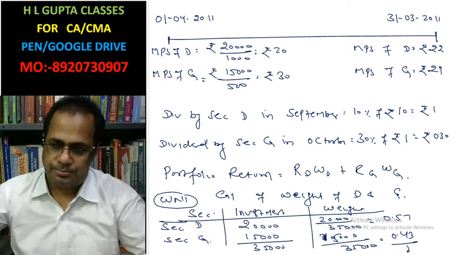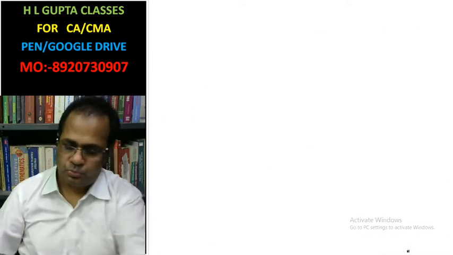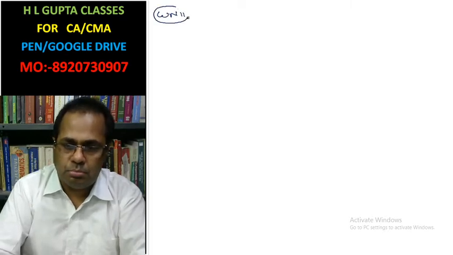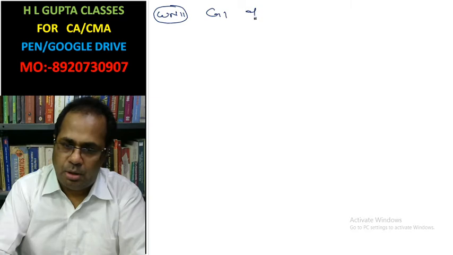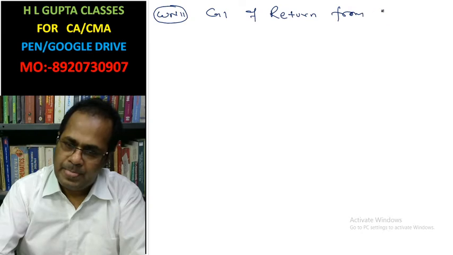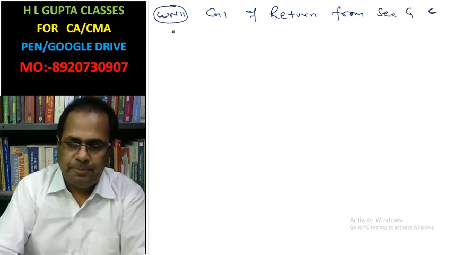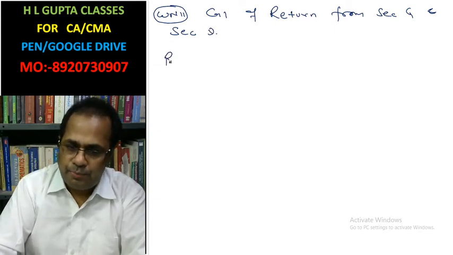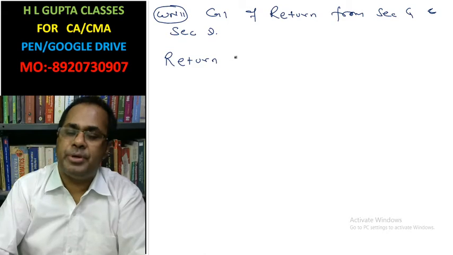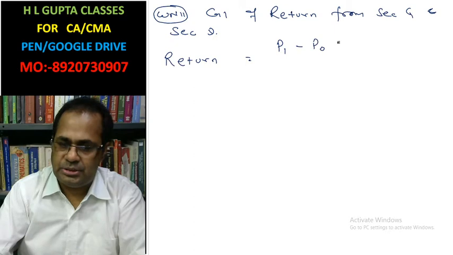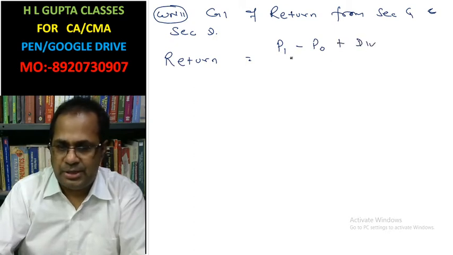Working note second: calculation of return from security G and security D. The formula for holding period return is (P1 minus P0 plus dividend) divided by P0, into 100.